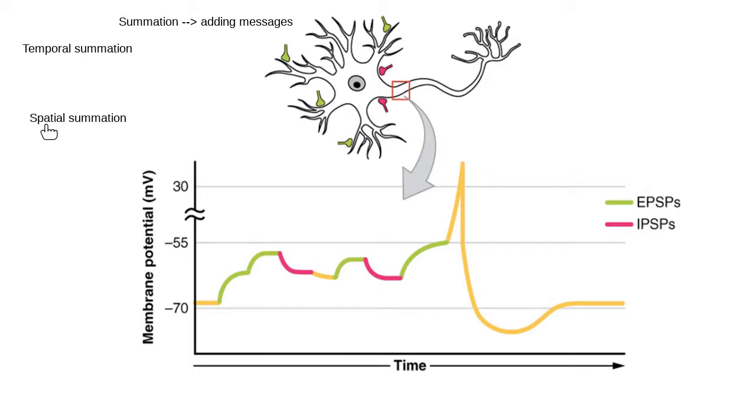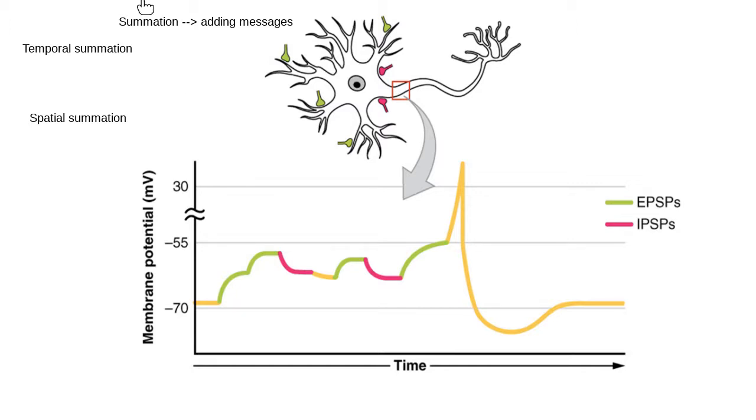The biggest difference between temporal summation and spatial summation, the best way to think about it: in one of these types of summation, I only get messages from one other neuron. Which of these two types of summation is one neuron talking to me repeatedly?